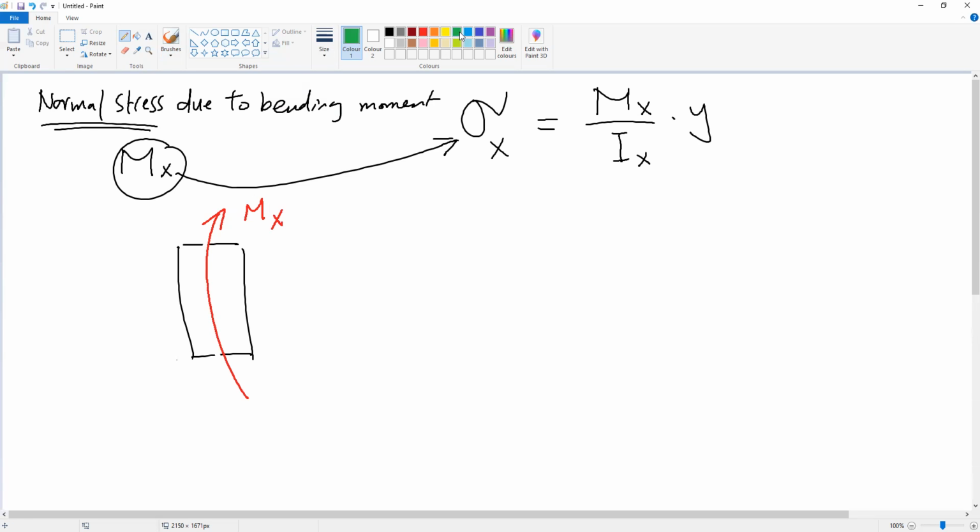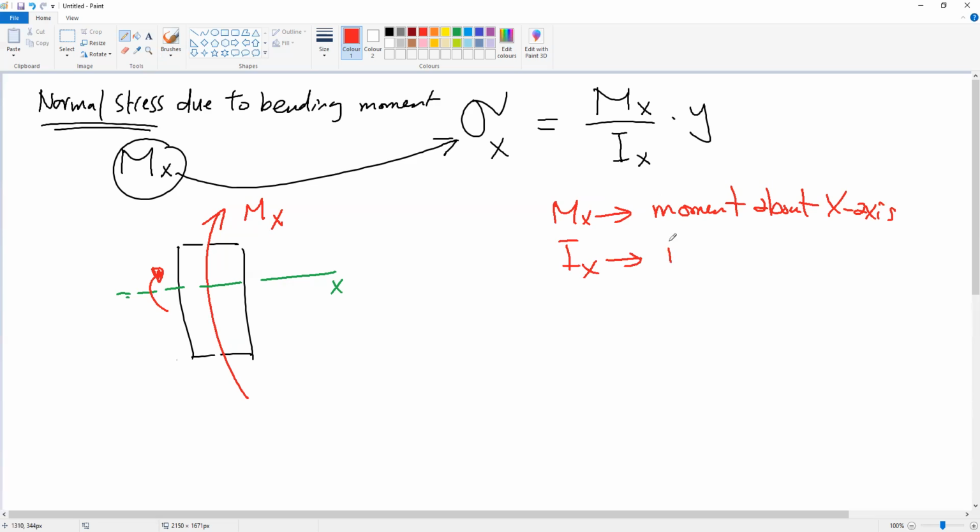This moment is called Mx because it is rotating about x. So Mx is rotating about the x axis. So the stress due to Mx equals Mx over Ix times y. Mx is the bending moment about the x axis.